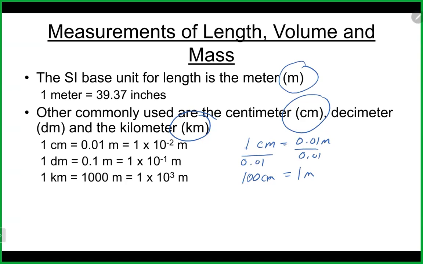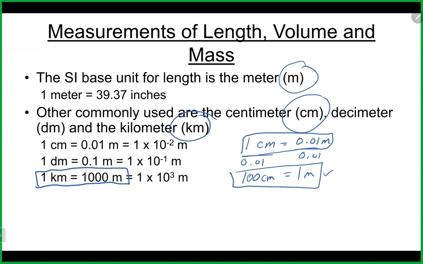Whichever way you want to remember it, either like this or like this. If you like the bigger number, you might want that version of it. 1 kilometer is 1,000 meters. That's another conversion that you definitely should know. So make sure that you know these two for sure along the way.